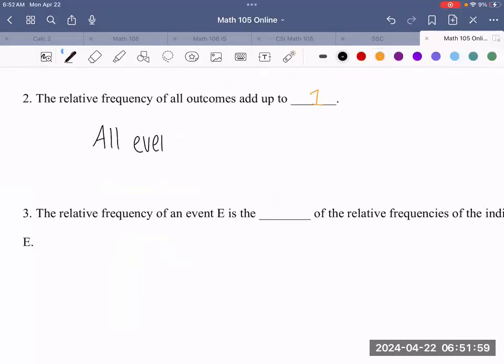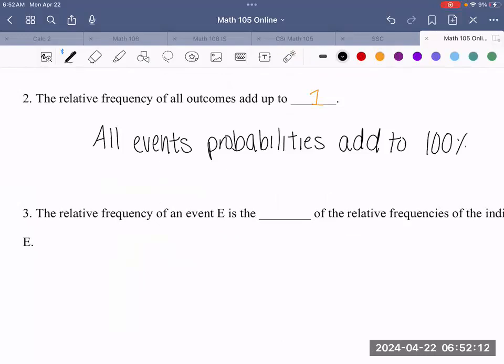All events' probabilities add to 100%. In your experiment, all of these things were experienced.